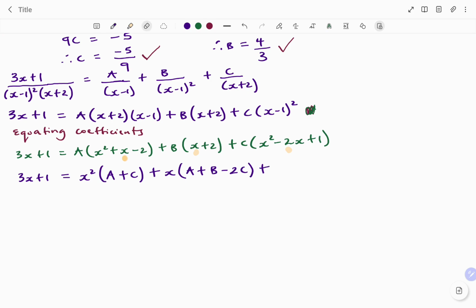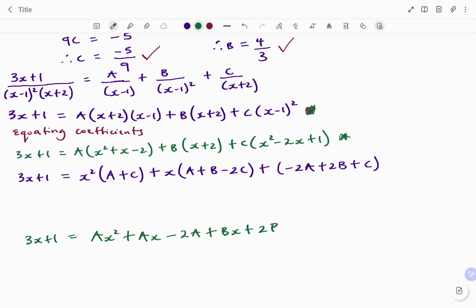For my constant term, I have minus 2a, plus 2b, plus c. So basically, if you look at this expansion, I have 3x plus 1 equals ax squared plus ax minus 2a. Then expanding b, I have plus bx plus 2b.